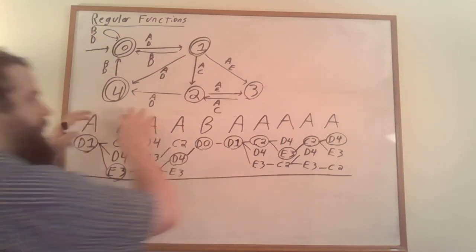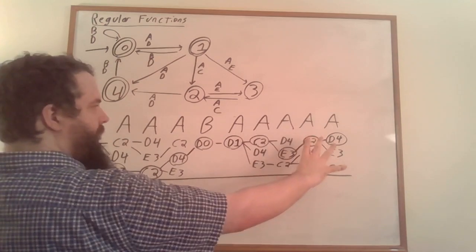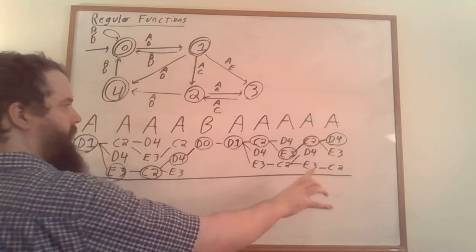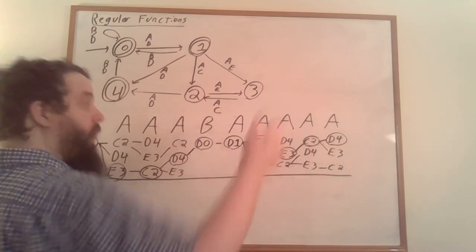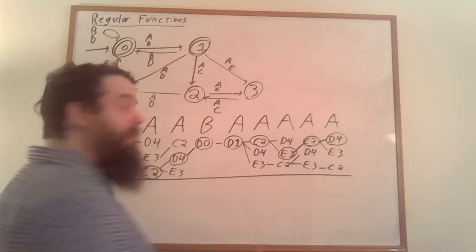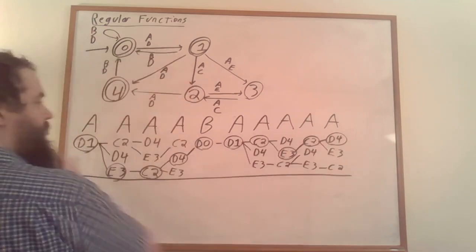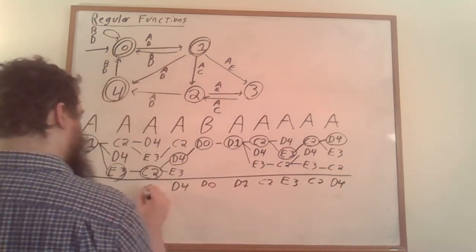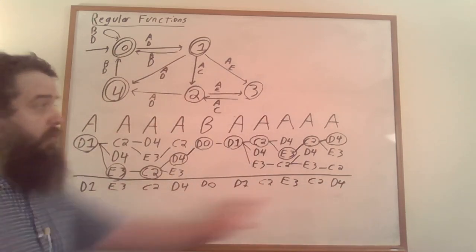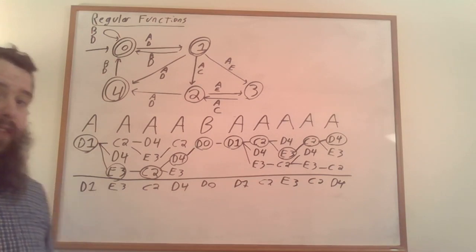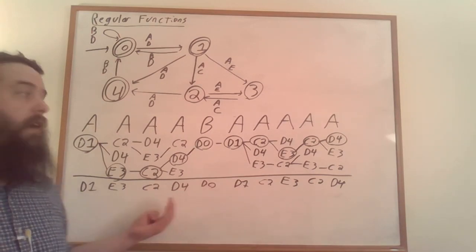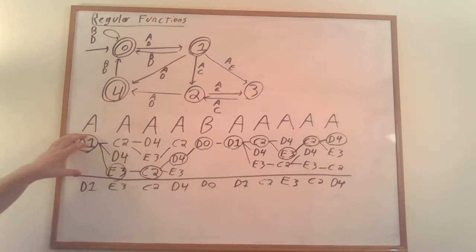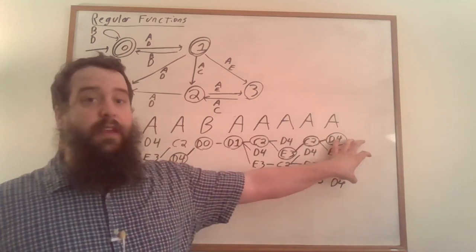So the function from input words to this diagram we got without the circles is actually a causal regular function. And then the process of working backwards through this diagram and outputting the sequence that got us to an accept state is a reverse causal regular function of this sequence of states here.